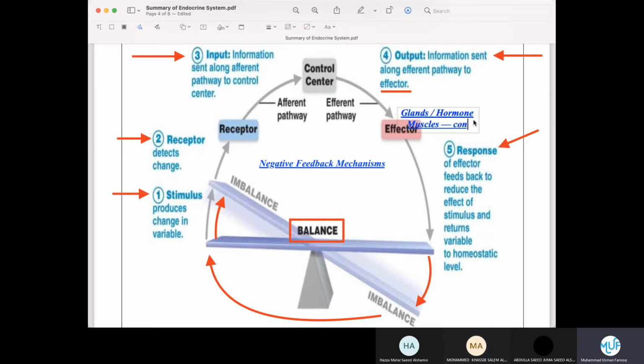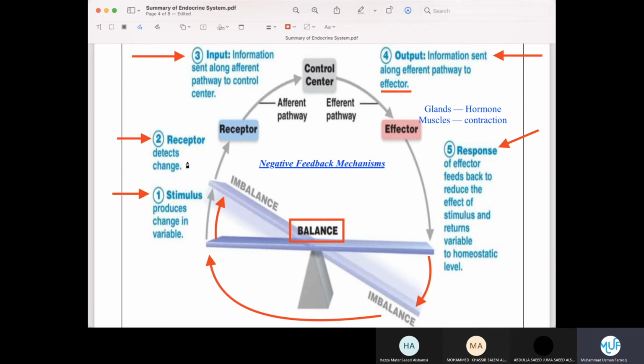Okay, very good. So basically whenever there is any problem in the body, it tries to fix it. When we try to fix it, we say that our body will show a response. How our body shows a response is because of the thermostat, let's say if it is temperature. If it is water balance, it will be ADH.